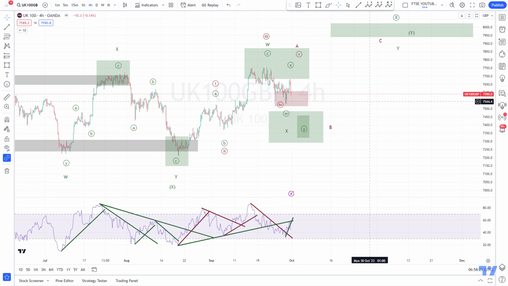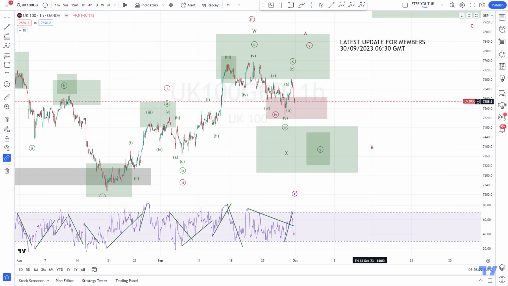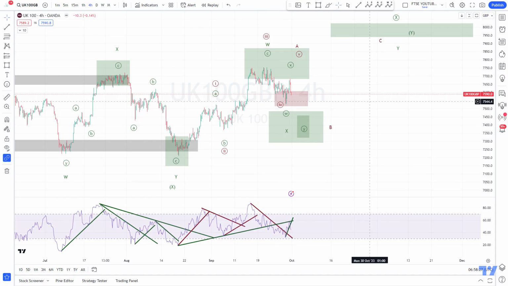This would be my primary scenario. And then once we get into this area, this can also be the wave... Remember the triangle scenario I explained in the weekly.